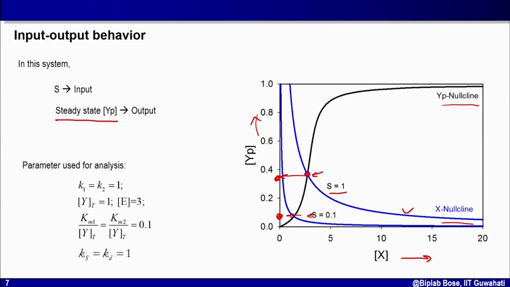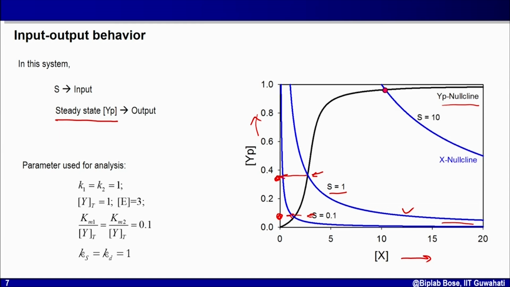So now increase S by another 10-fold change. From 1 I will make it S equal to 10. So now the X nullcline has shifted here, the blue line, and the intersection point is here as shown by that red dot. Now if I draw a horizontal line, then this is my steady state value of YP when S equal to 10.